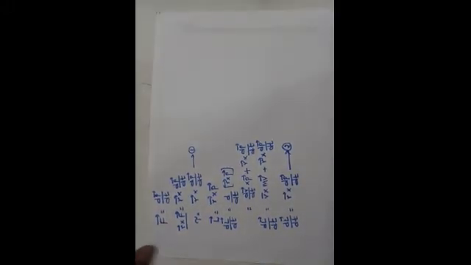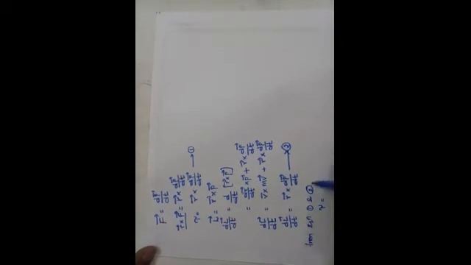Assume this is equation number 2. From equations 1 and 2, let us equate the two equations, and we get tau is equal to dL bar by dt.